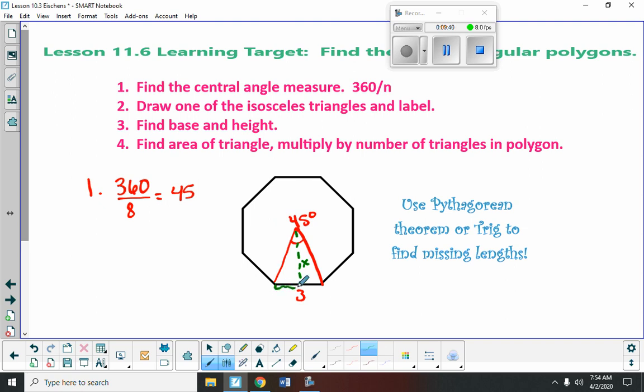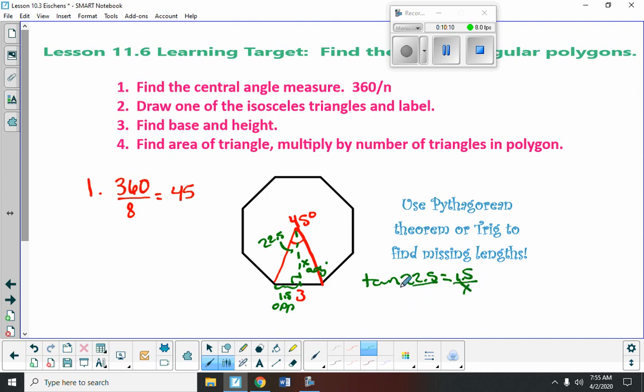So this length would be 1.5. In this case, I would use trig, because I know that this angle is half of 45, so that's 22.5. I know that this is the opposite and this is the adjacent, so that would be a tangent problem. The tangent of 22.5 equals the opposite over the adjacent.